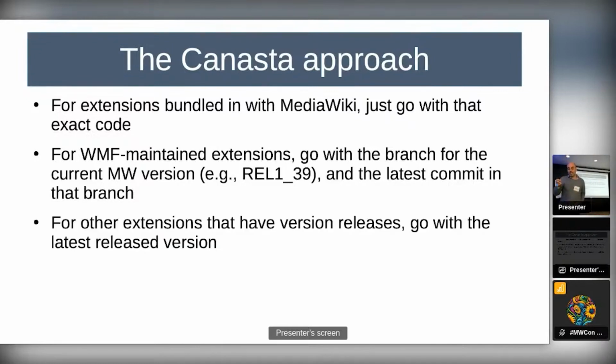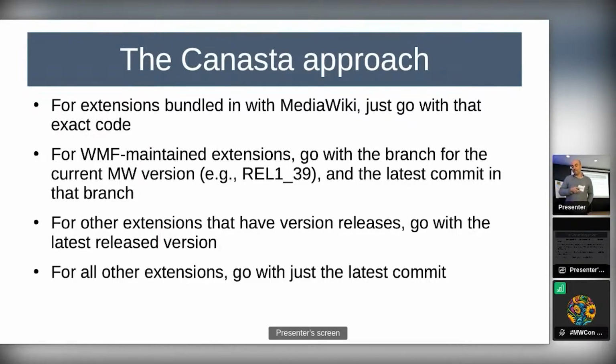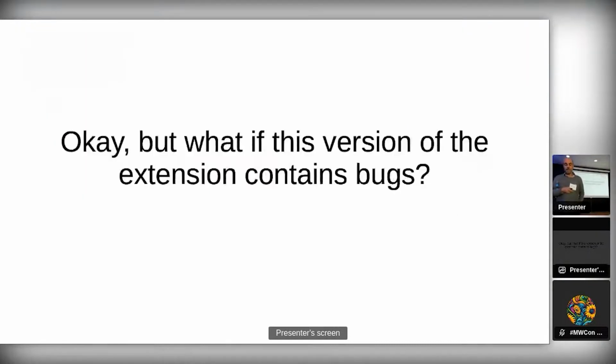For other extensions that have version releases, go with the latest released version, and then finally, for all other extensions, just go with the latest commit. That's the basic methodology. Okay, so that's great, but what if that version contains bugs?